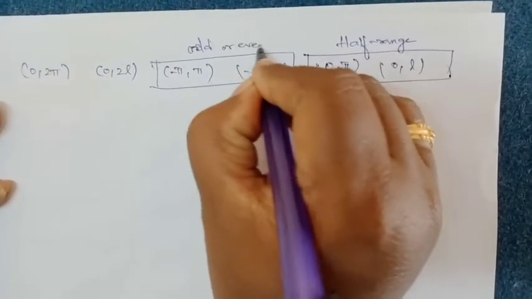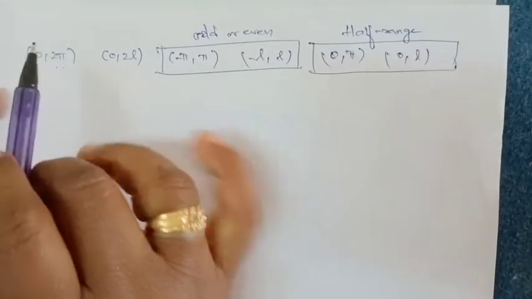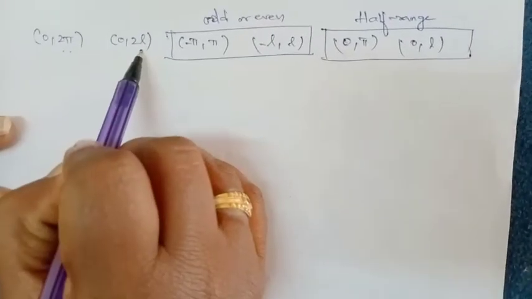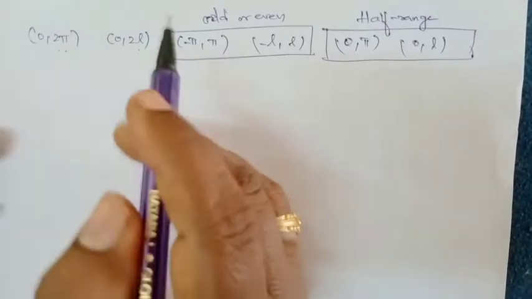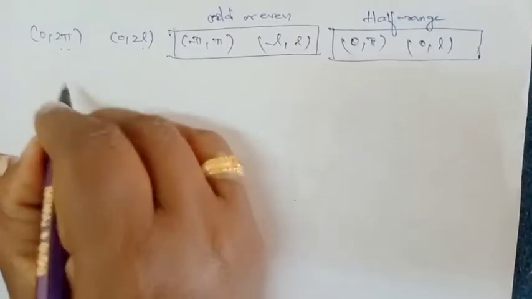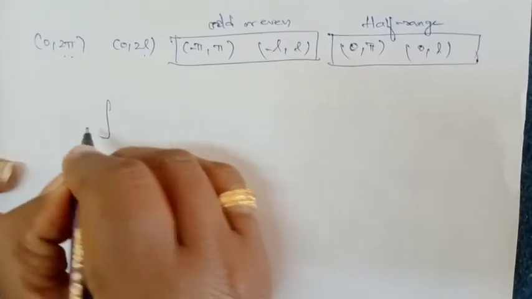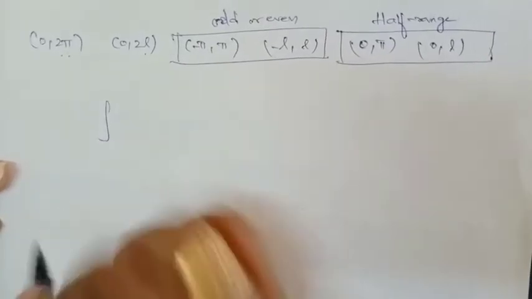So this is with the period 2 pi and 2l, a series with period 2 pi and 2l. So generally you will have a confusion what constant will come in front of the integral for a0, an and bn.